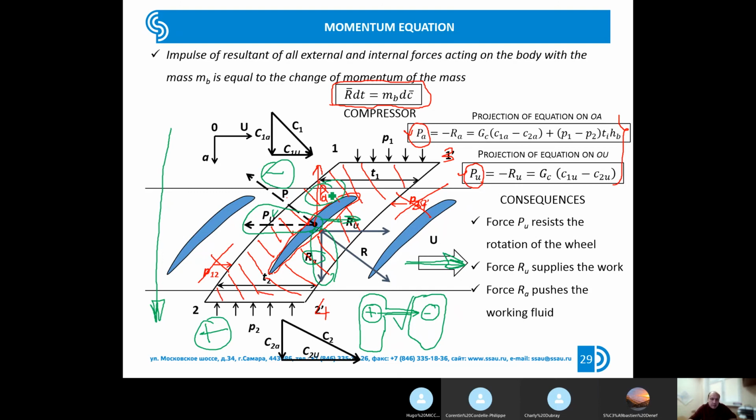But yes, the point of application is different. This force RA is applied to the flow, and this force is applied to the blades. So this force is for the blades, and this force is for the flow. Okay. That's why force RA does not influence the flow; it's acting on the blade. Okay, yes, perfect.